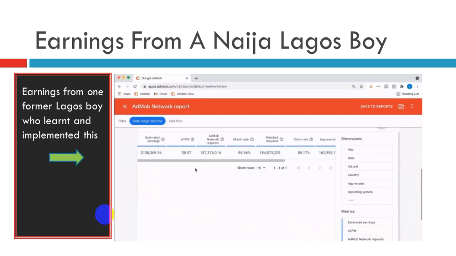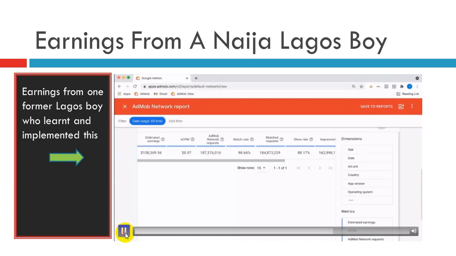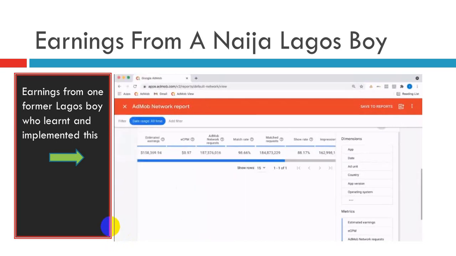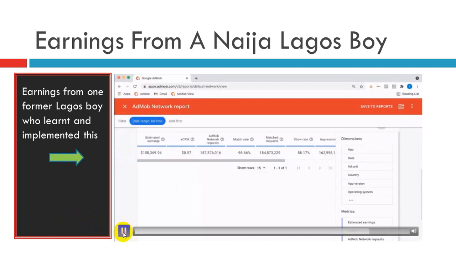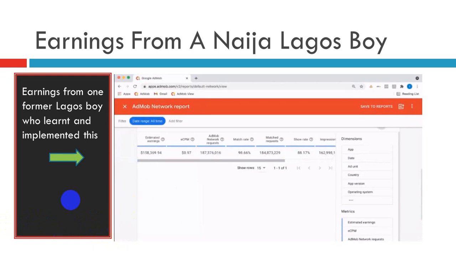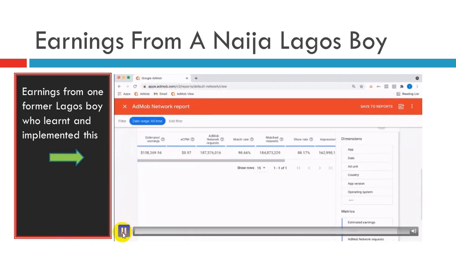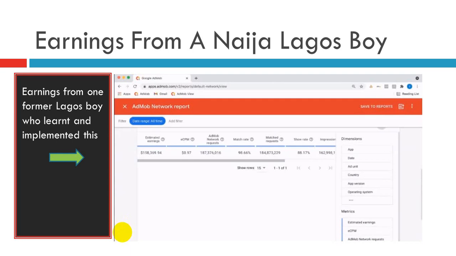I'm trying to be very careful. How much can you see here on that estimated earnings? Do I need to zoom in? I'm looking at the comment section so I can know if people are commenting. I can't see your comments, so yes. Okay, people are seeing it. Okay, someone said I saw a lot of money. Okay, I can see it now. Alright, cool. I can see your comments now. Good. Alright, so, I'm seeing a lot of wows.